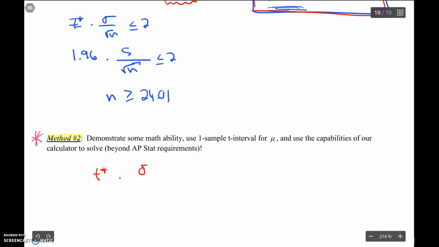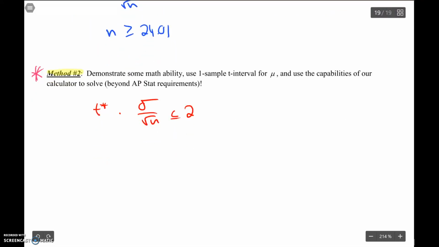T-crit times sigma over square root of n less than or equal to 2. We calculate that t-crit by using a t-inverse, where you put in the left area, 0.975, and then the degrees of freedom is n minus 1.